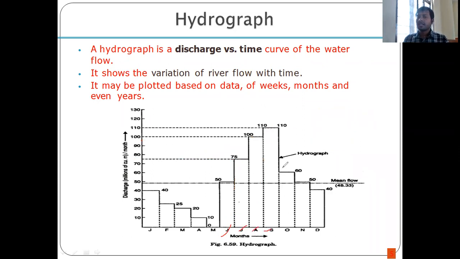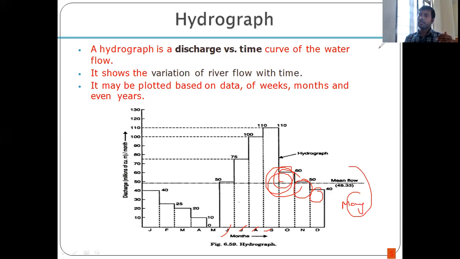Then rains decrease after September, so we need to store the water using storage. We need to release the water in a gradual manner to produce electricity, so the discharge gradually decreases, up to summer, up to May.